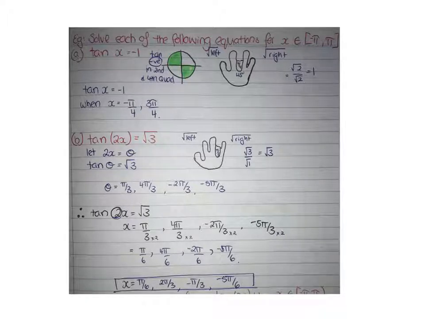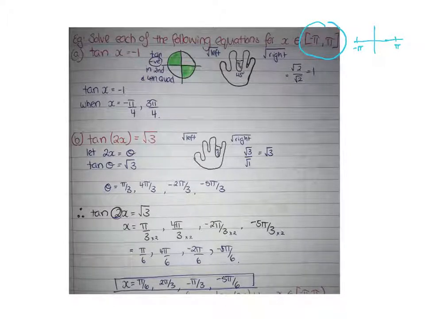Okay, so we're going to go back and look at some of these equations for solving for tan. So solve each of the equations for x. So what they've said here, we could have how many solutions? So if you think we're going backwards to negative pi, and we're also going forwards to pi.